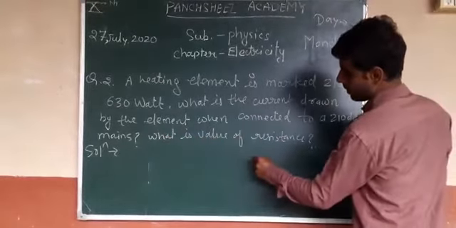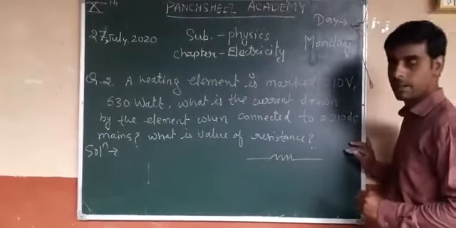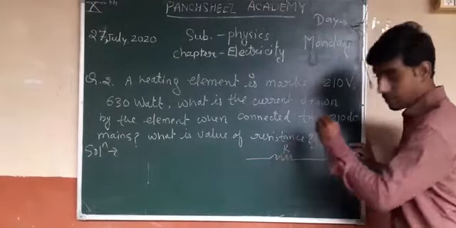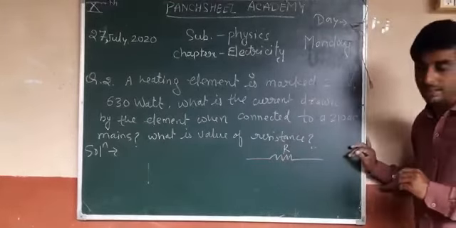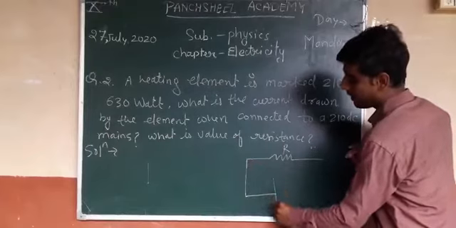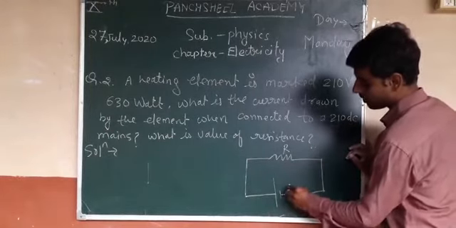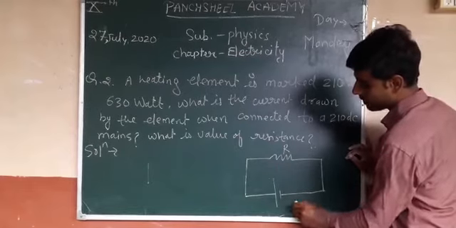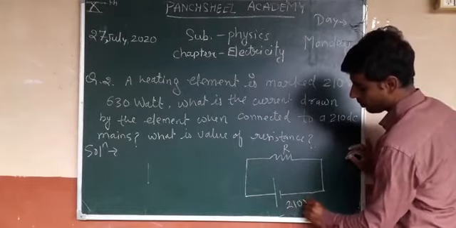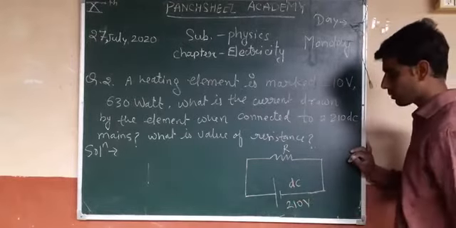This is the heating element having resistance R. It is connected to a DC source, DC mains, and the voltage is given as 210 volt.